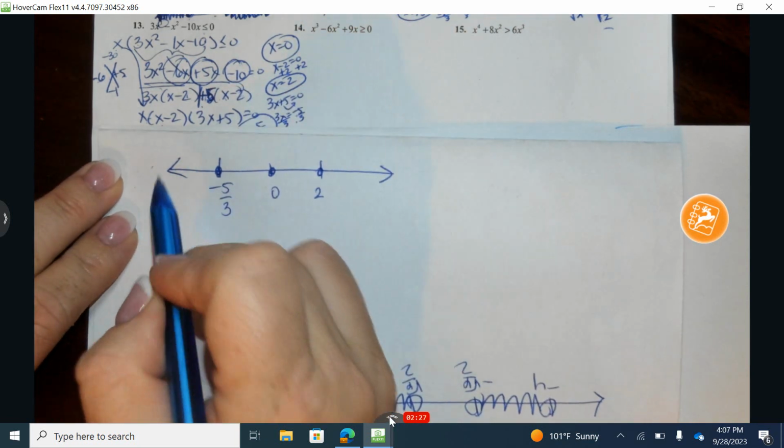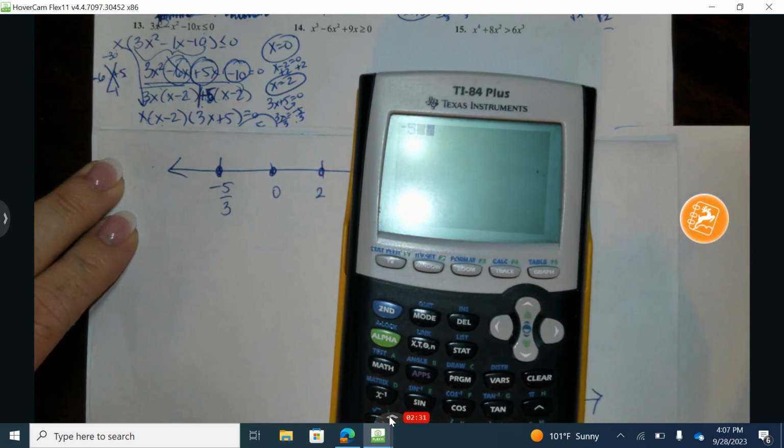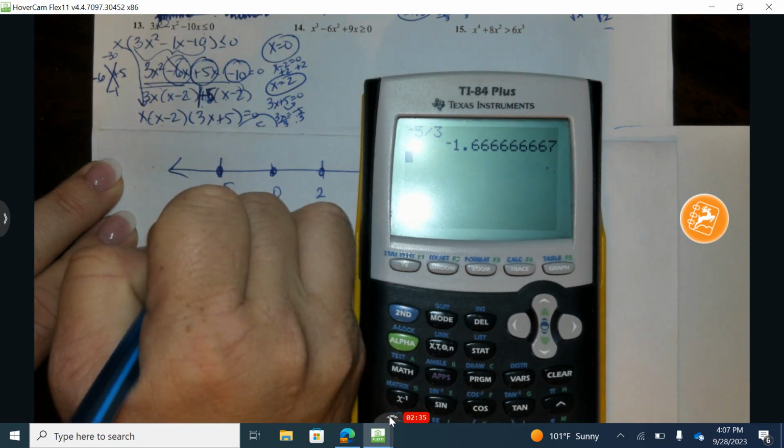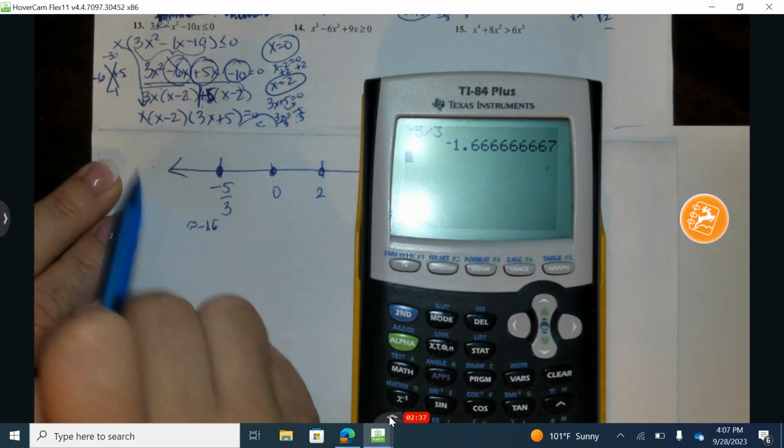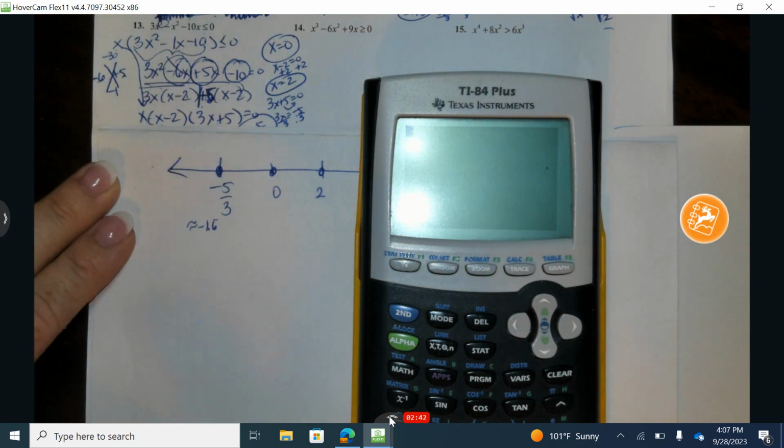I choose any number over here, and if you're like, well, what is that number? Well, type it in. Negative 5 divided by 3 is negative 1.66 approximately. Okay, so anything over here like negative 2 would work. I come up to this original statement, and I'm going to plug this in.